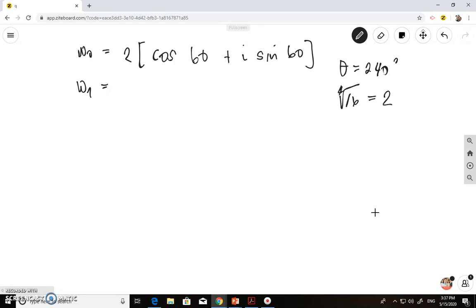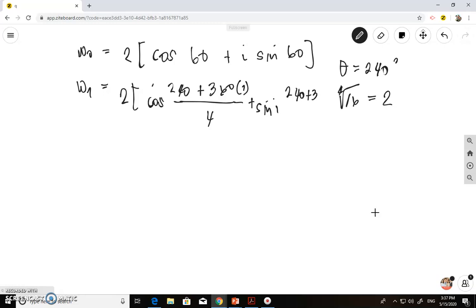So therefore we will have now 2 times cosine 240 plus 360 divided by 4, because we will multiply this one by 1, so it's still the same as that one. And then plus I sine, we have 240 plus 360 as well, all over 4.